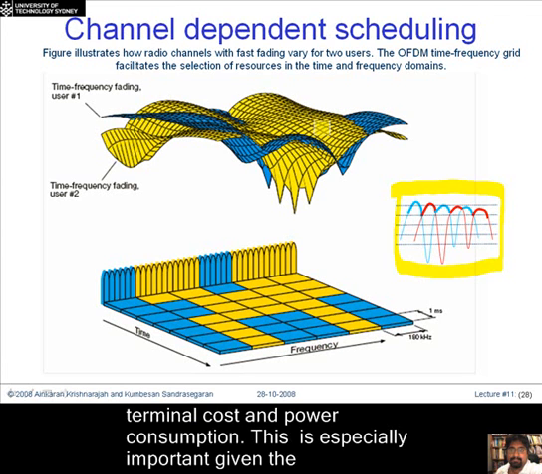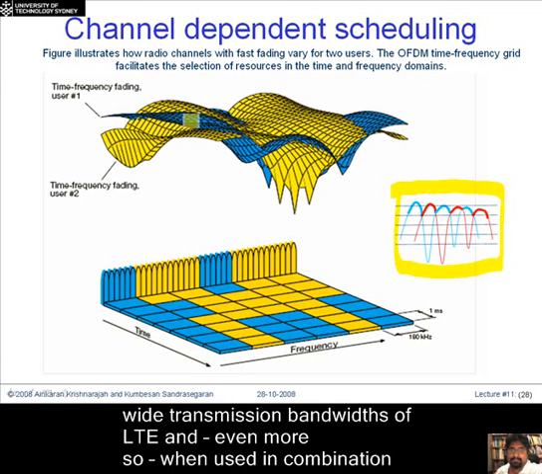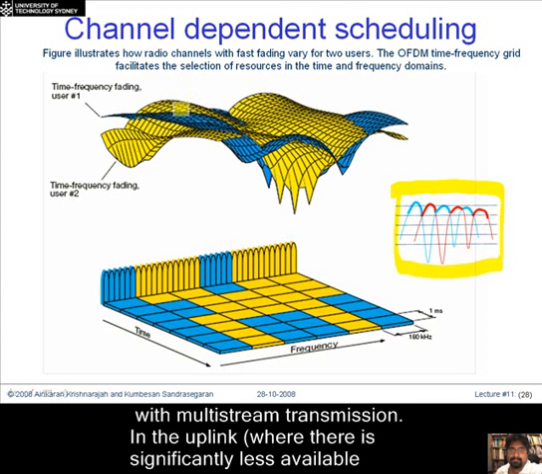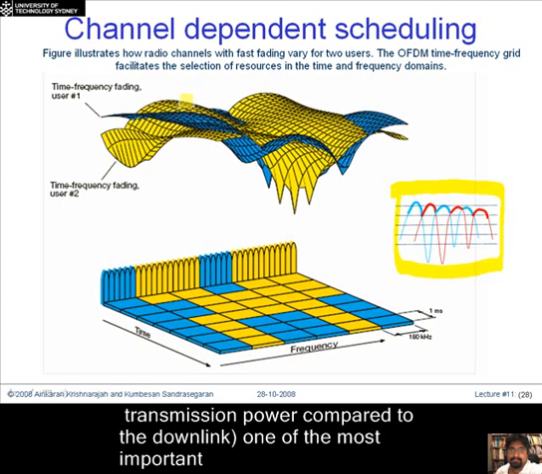Now what you want to do is, if you look at this diagram, whenever the blue is higher than the yellow, you want to try and allocate blue as much resource. So when blue is higher than yellow, allocate all of the resources or most of the resources that you have to the blue user. So that's basically what's happening in this particular diagram.